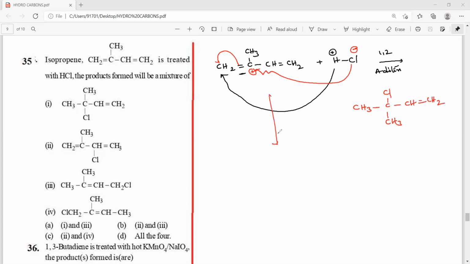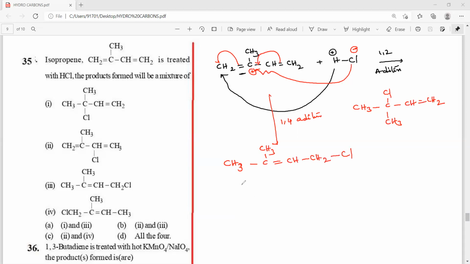If it is a 1,4 addition reaction, H plus will be added here to reduce this positive charge. The pi electrons will be shifted here to produce CH3 bond C bond CH3 double bond CH bond CH2 Cl.